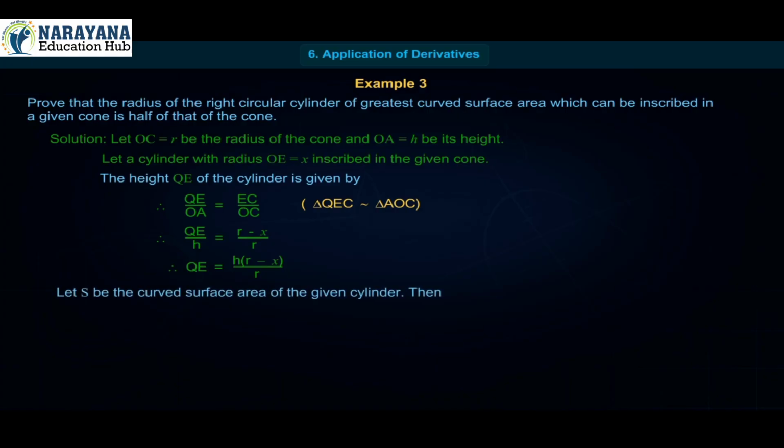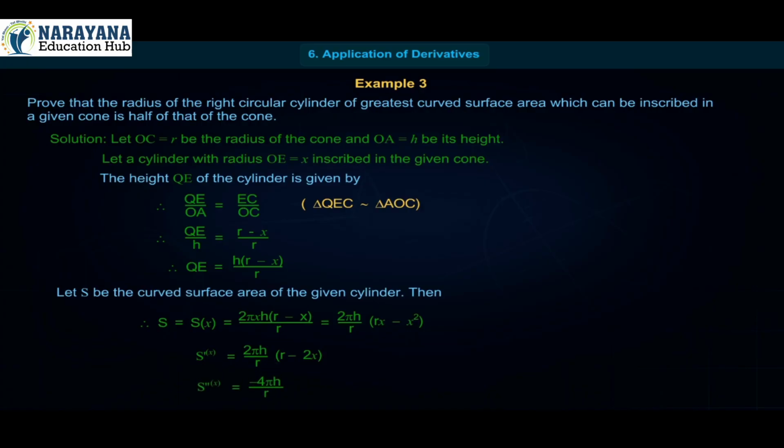Let S be the curved surface area of the given cylinder. Then S is identical to S of X is equal to 2 pi XH into R minus X upon R is equal to 2 pi H upon R into Rx minus X square. S dash of X is equal to 2 pi H upon R into R minus 2X.